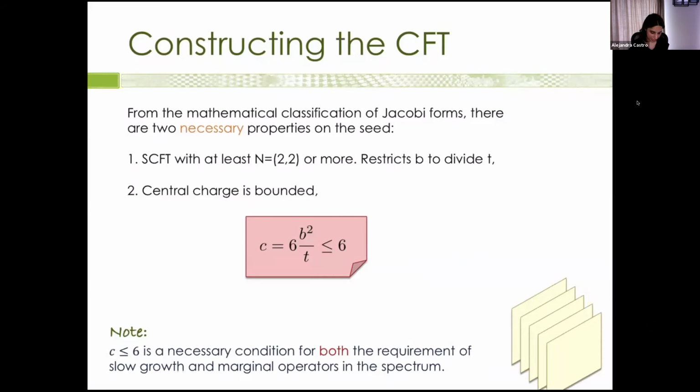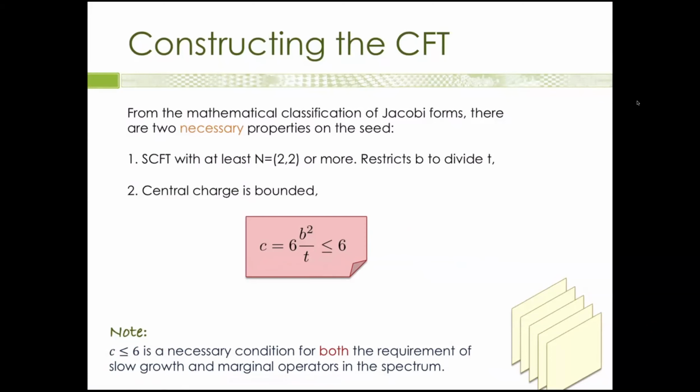So as we looked at the elliptic genera, we discovered that C of the seed had to be less than 6. This is a condition on the seed of the theory, and it was compatible with the existence of a marginal operator.